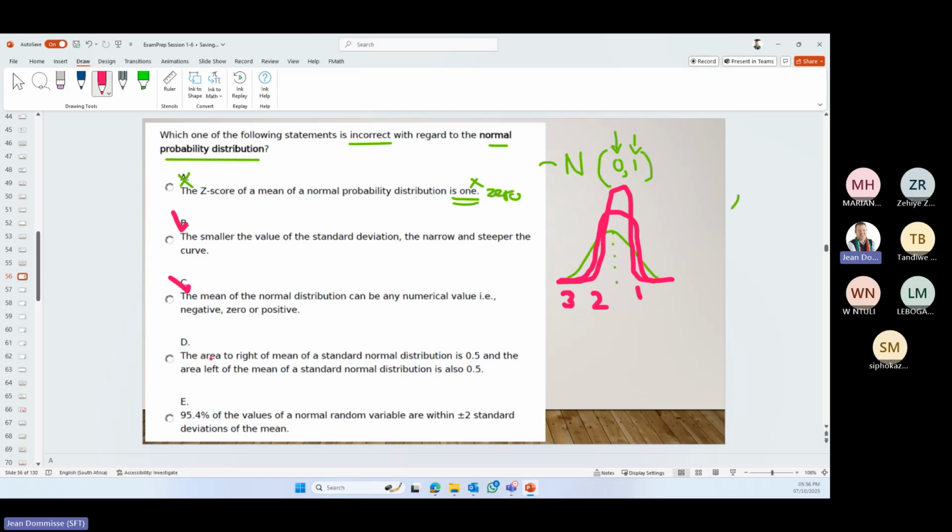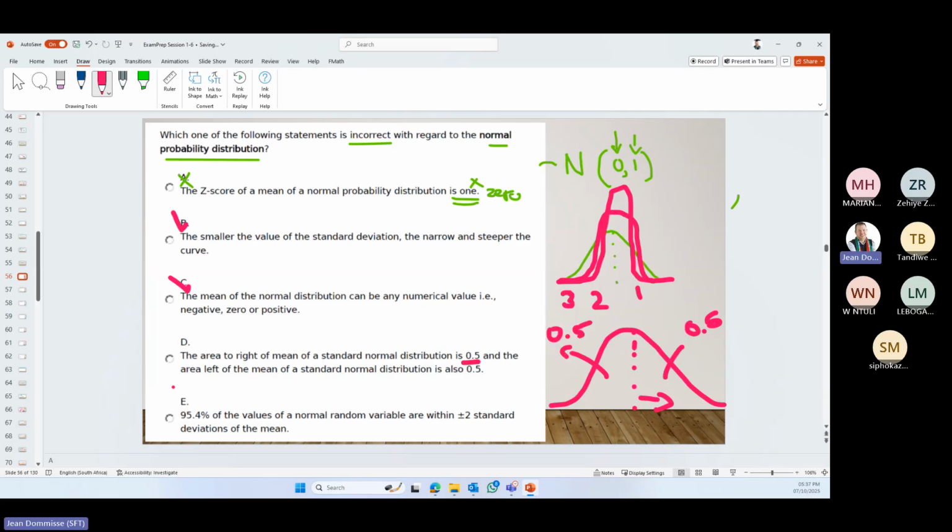The area to the right of the mean of a standard normal distribution: if this is a standard normal distribution, the area to the right is 0.5, and the area to the left is 0.5.